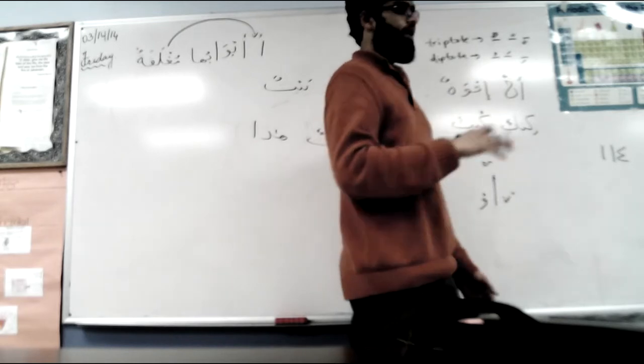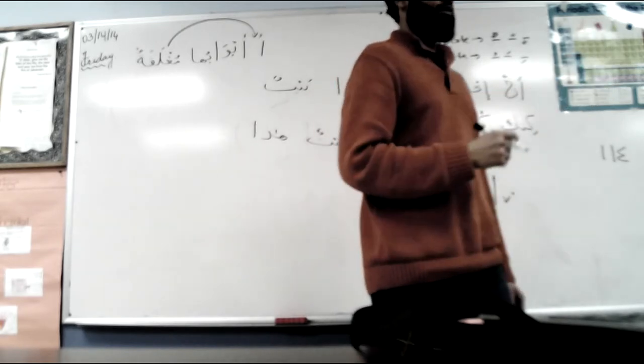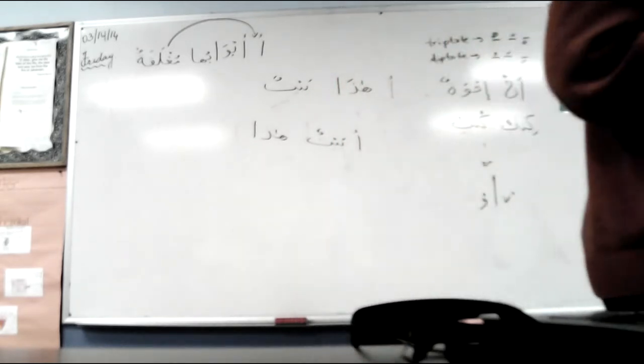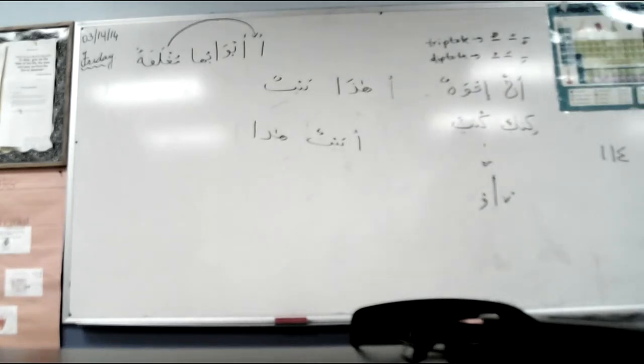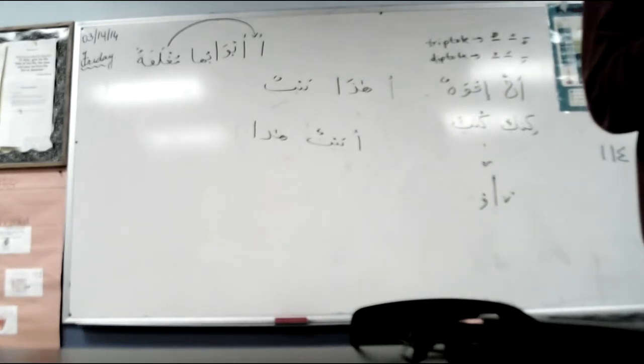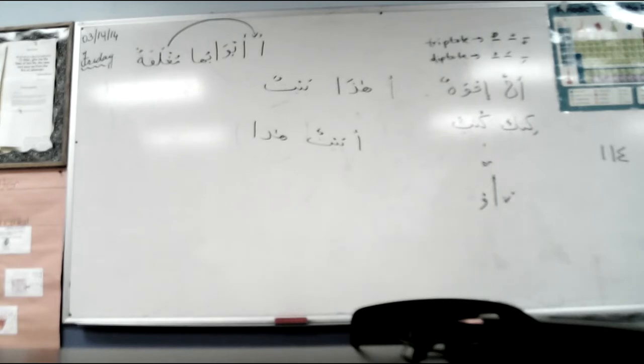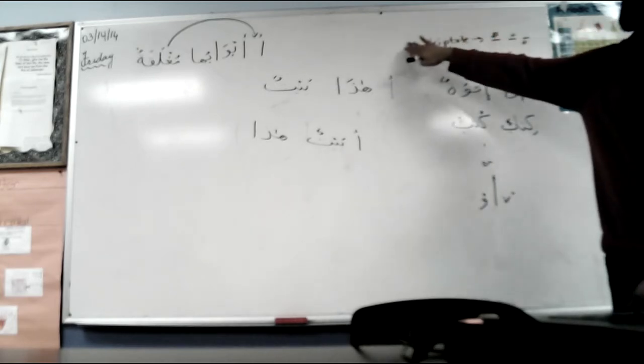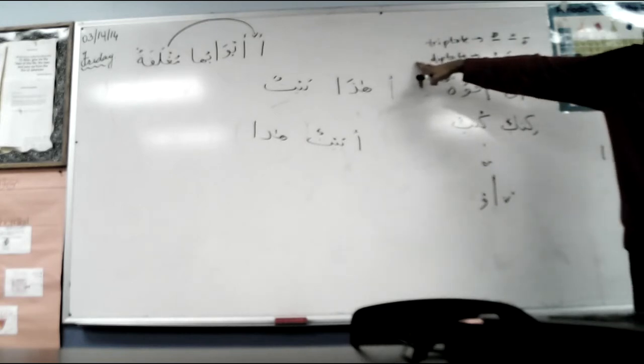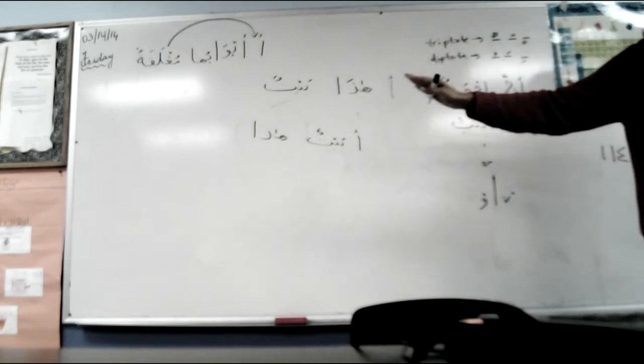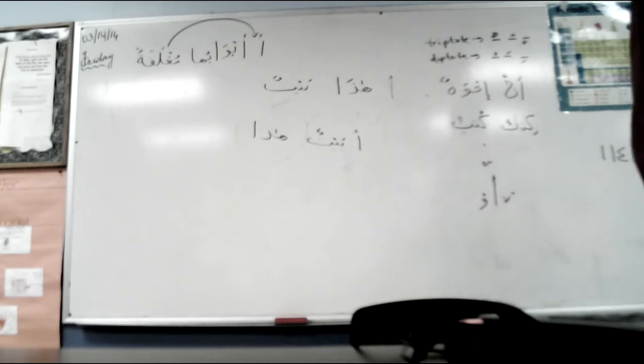But when you have these four patterns, they say they're mamnu' min as-sarf. What is the Arabic for triptote? It's not Arabic, it's an English construction. In Arabic, you say triptote is tanween, and diptote is mamnu' min as-sarf. That's it.